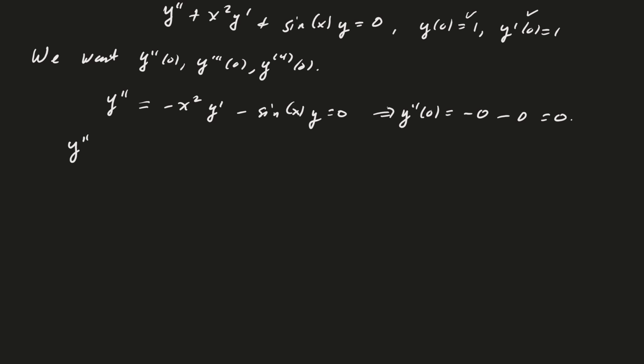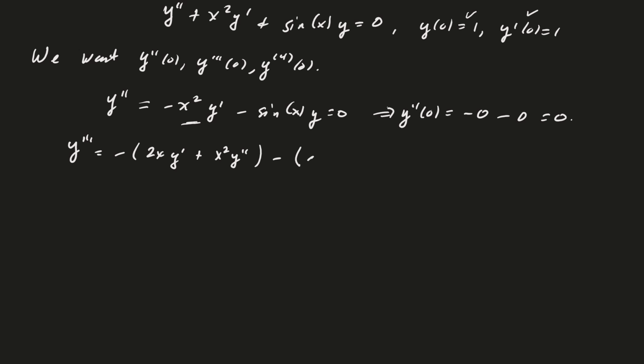Now, to find y triple prime, we just differentiate everything in sight. And the main thing you want to remember is that those are product rules, right? So we're going to have minus, and then we just use the product rule, 2x y prime plus x squared y double prime, right? Minus, then another product rule.